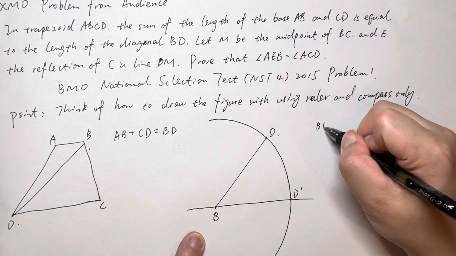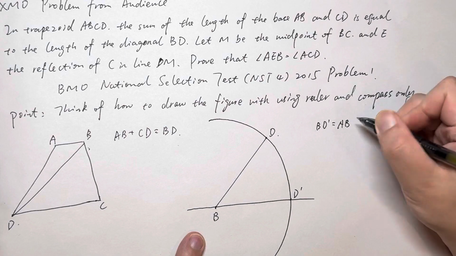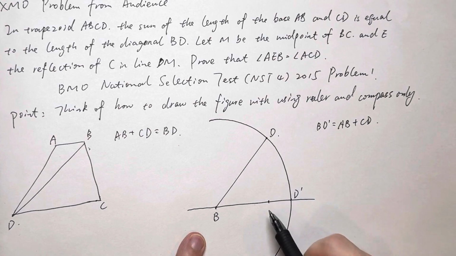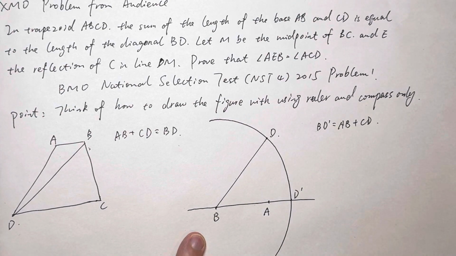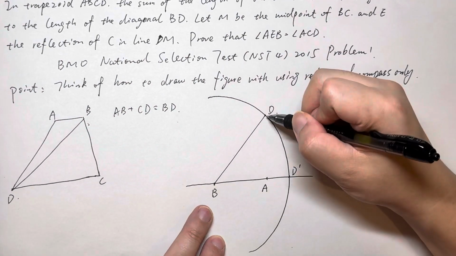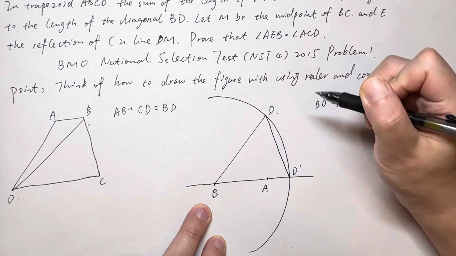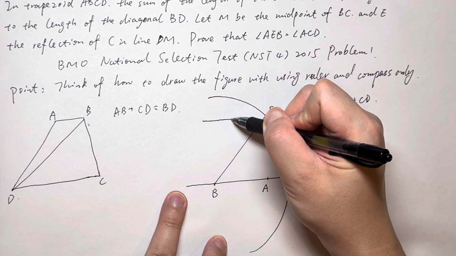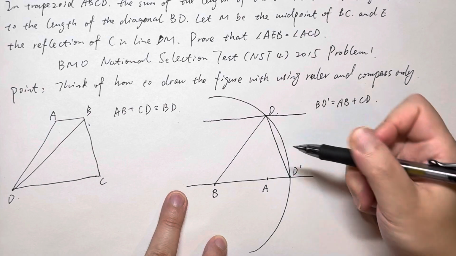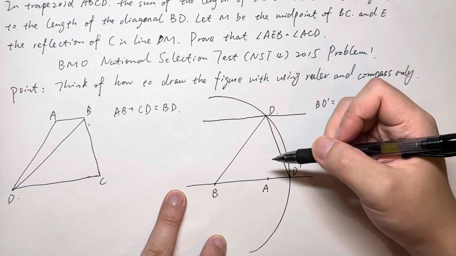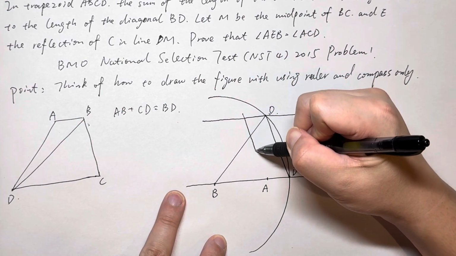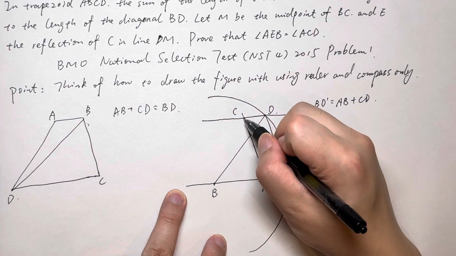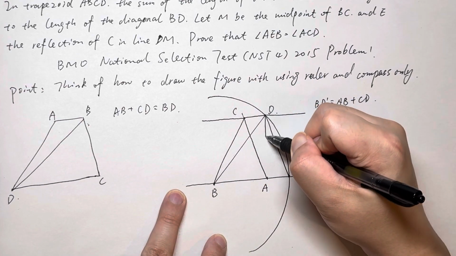BD prime would be the base summation AB plus CD, right? Which means if I just pick a point, call it A, then I connect D and D prime, and I draw a parallel line to BA passing through point D, and then I draw a parallel line to DD prime passing through A. This intersection point should be point C, right?